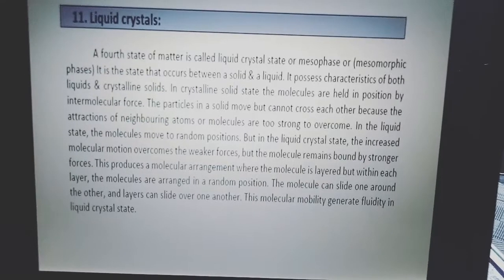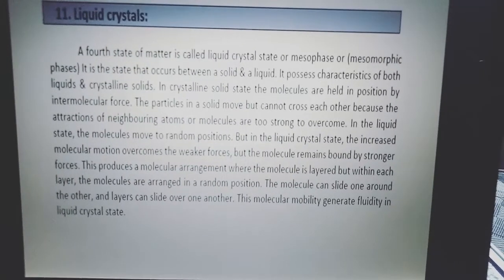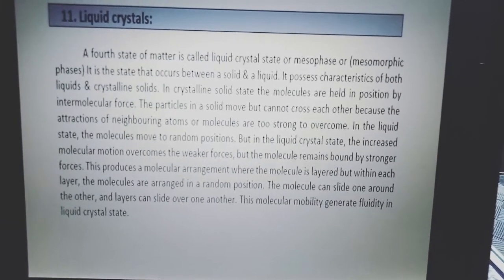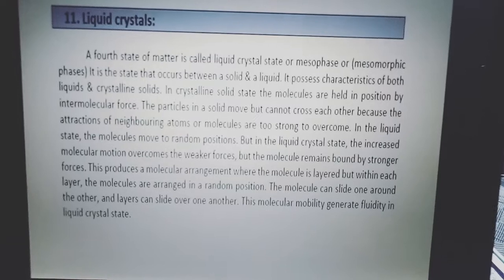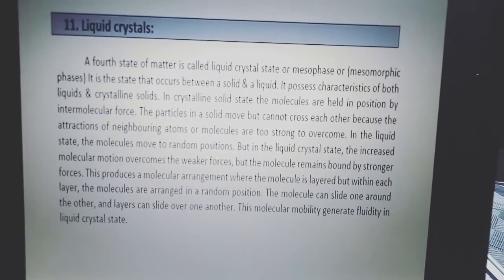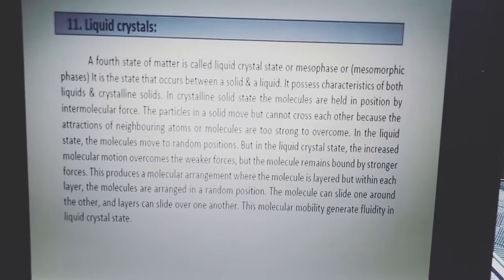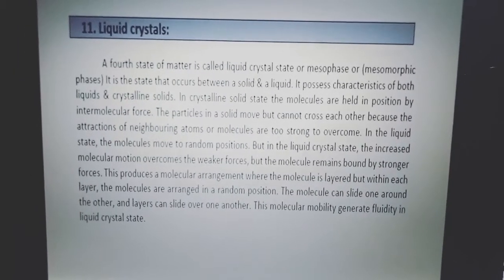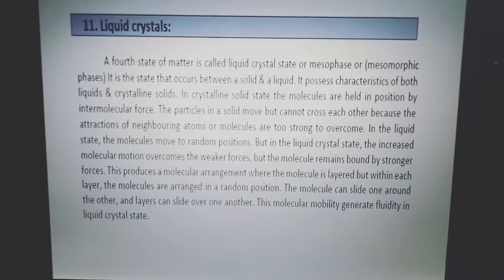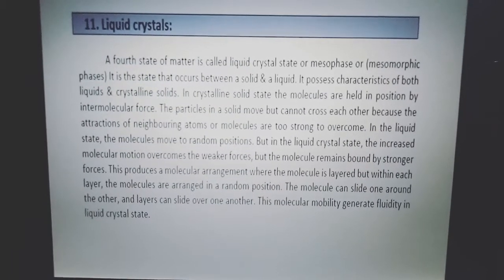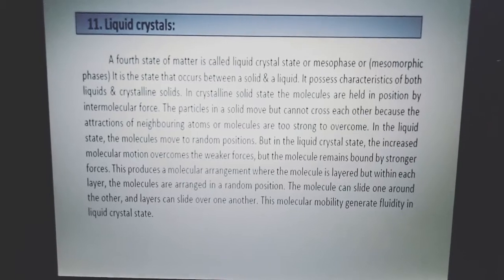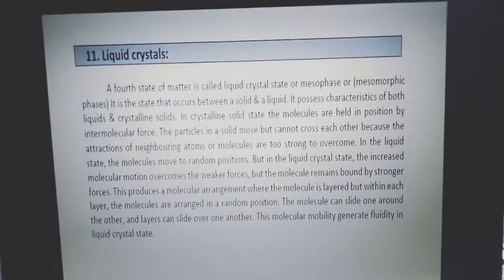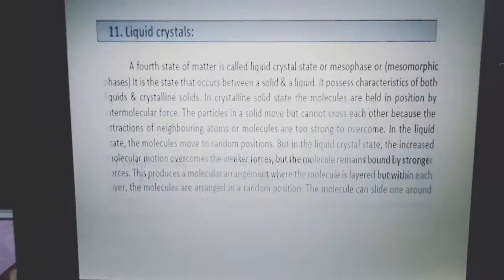But in the liquid crystalline state, the increased molecular motion overcomes the weaker forces, but the molecules remain bound by stronger forces. This produces a molecular arrangement where the molecules are layered, but within each layer, the molecules are arranged in random positions. The molecules can slide around one another, and layers can slide over one another. This molecular mobility generates fluidity in the liquid crystalline state.